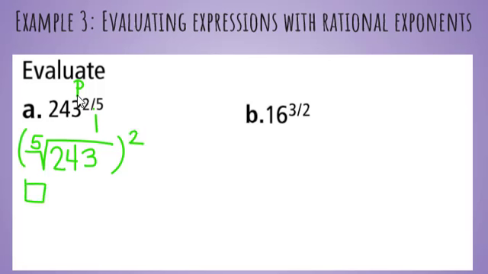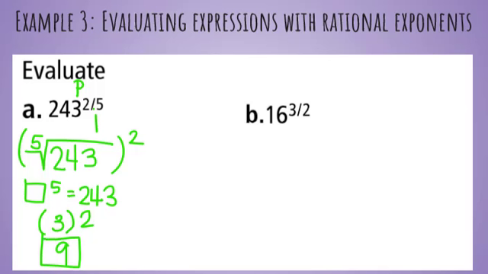So here we're looking for what number to the 5th power is 243. That number is 3. 3 to the 5th power is 243. Then we need to square that 3. So 3 squared gives us 9. And 9 is our answer for this problem.